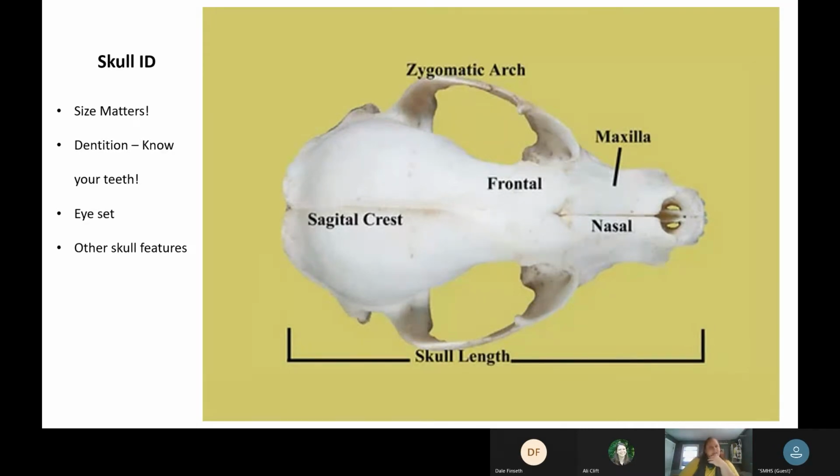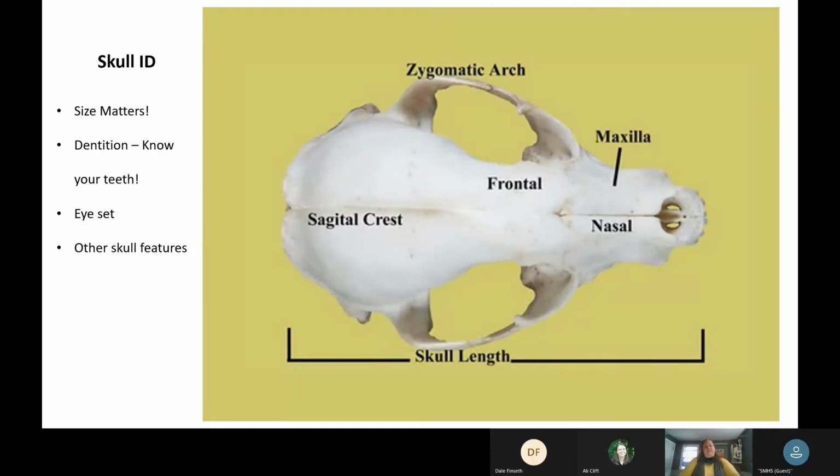So there's a big hint for you there. When you're looking at the size, you'll be able to eliminate quite a few species. You're not going to look at a small, maybe 3 or 4 inch long skull and identify that as a black bear, because the size makes a big difference.